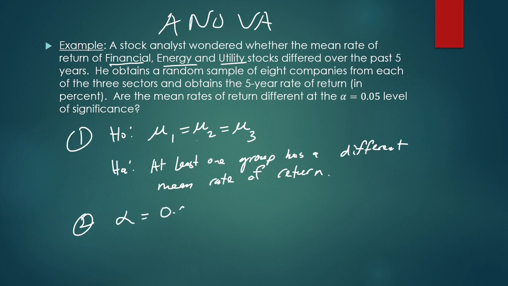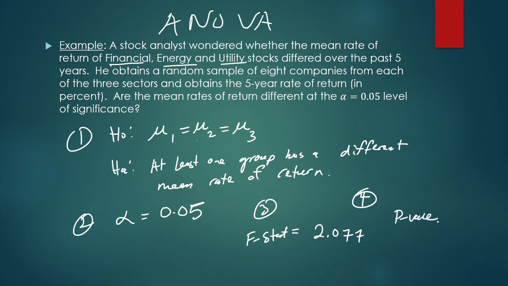Alpha is 0.05. In step 3 and 4, we'll go to StatCrunch to find our values. We have the F-stat is equal to 2.077, and our p-value is equal to 0.15.